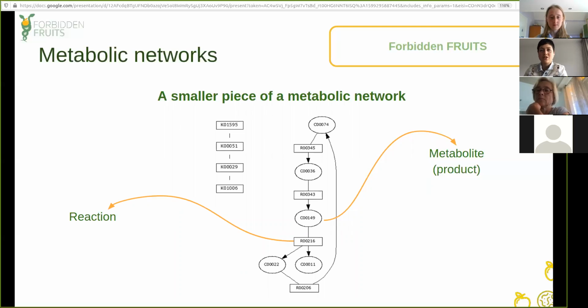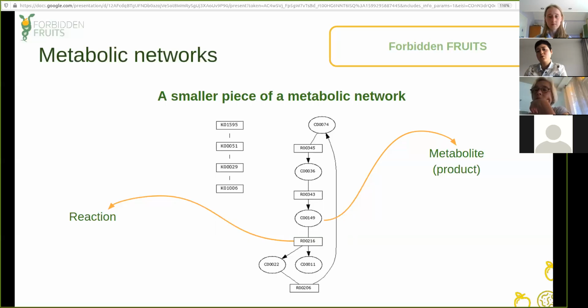And the reason it is called a metabolic network is that the dots or nodes in this case represent what we call metabolites, which is a fancy way of referring to chemical compounds. And the edges or lines represent the chemical reactions that connect one metabolite to another. So if there is a reaction that connects two dots or two metabolites, there is a chemical process by which one of the metabolites can be converted to another one.